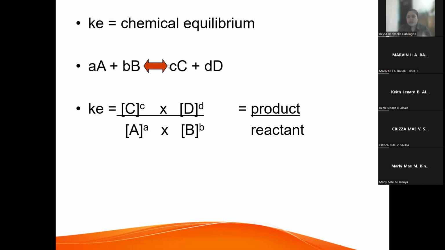Now please take out your calculators. Kasi merong computation itong chemical equilibrium. If you want to know yung chemical equilibrium constant of a substance, we are going to use this formula.